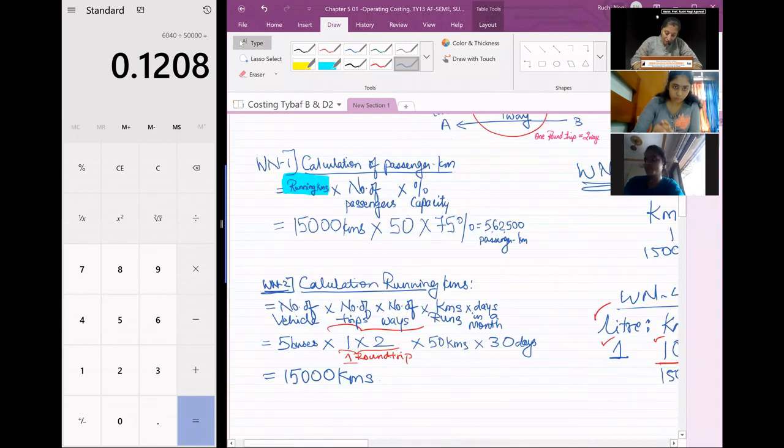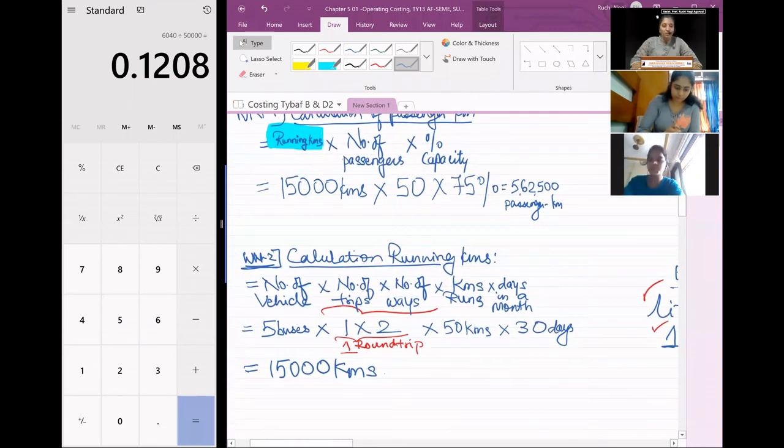So on an average we have 30 days in a month, right? So 30. So my answer for running kilometers will be 15,000 kilometers. So on this basis, I will calculate my running cost.